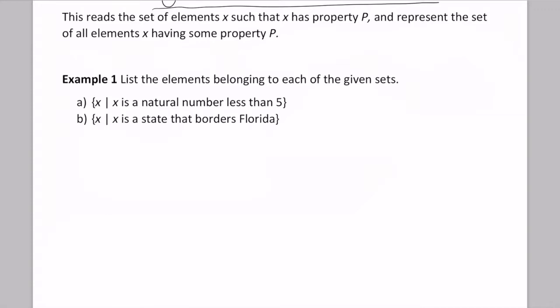List the elements belonging to each of the given sets. So A: X such that X is a natural number less than 5. Well, what is a natural number? A natural number is 1, 2, 3, 4, 5, and so on and so forth to infinity.